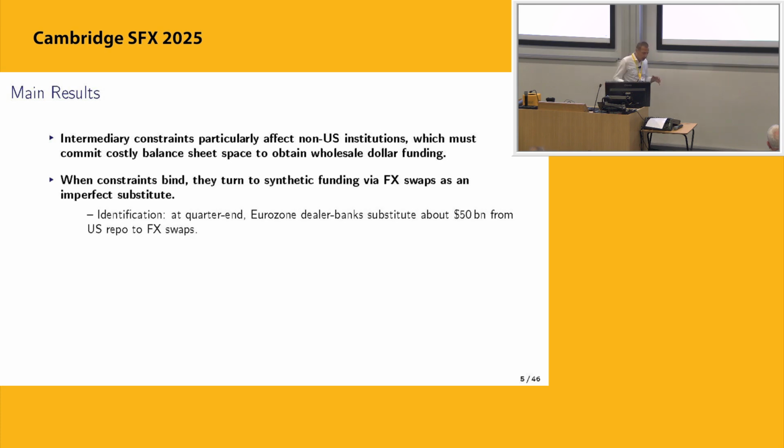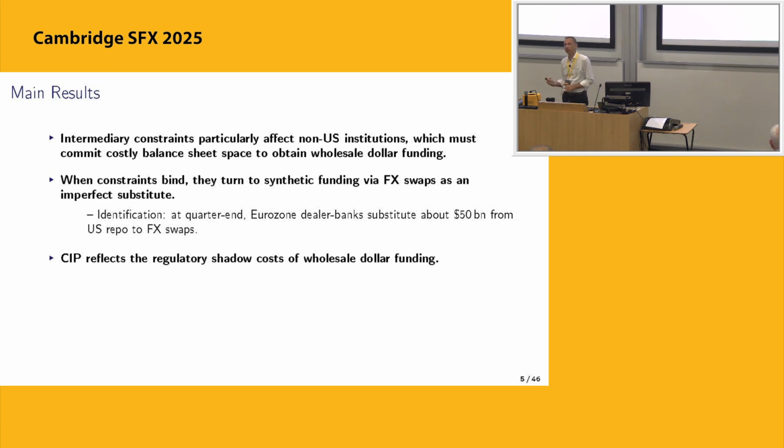And when these constraints bind, they turn to synthetic funding using FX swaps, but this is an imperfect substitute, and we identify that using the quarter-end laboratory. Then I'm going to provide you evidence that this CIP basis, after all, reflects a regulatory shadow cost originating from the wholesale funding.